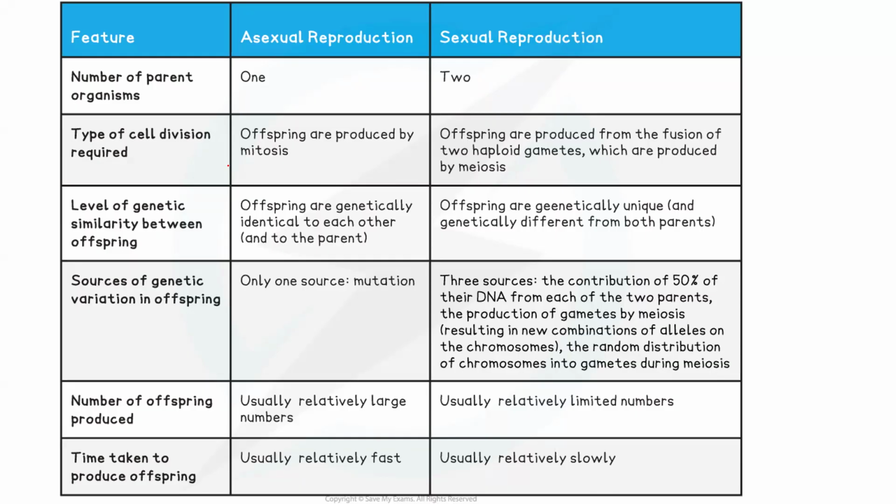Parents 1 to 2, mitosis to meiosis, because again, combined need to be aware of meiosis, but they don't need to know the detail of meiosis. Offspring asexual, genetically identical, with sexual unique. Variation for asexual is only mutations.